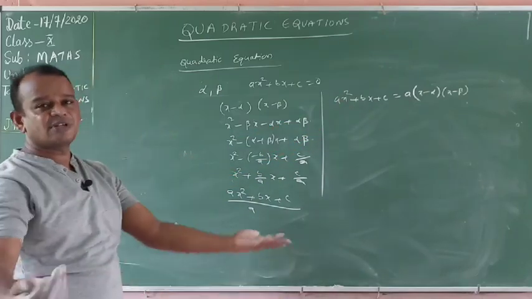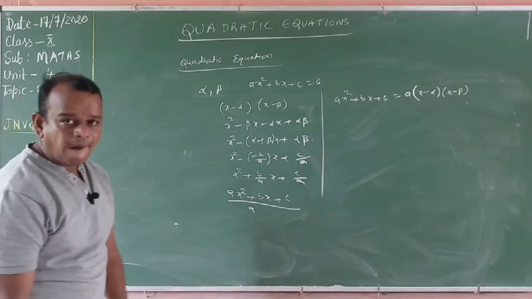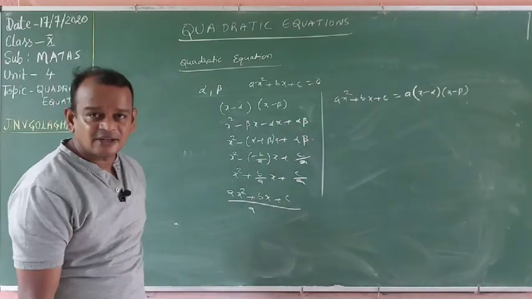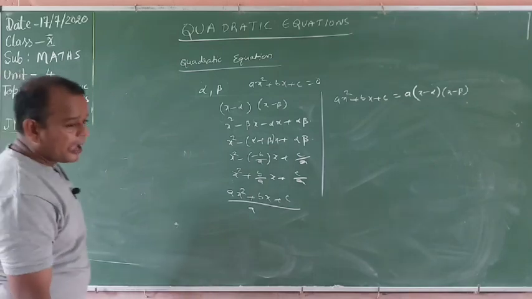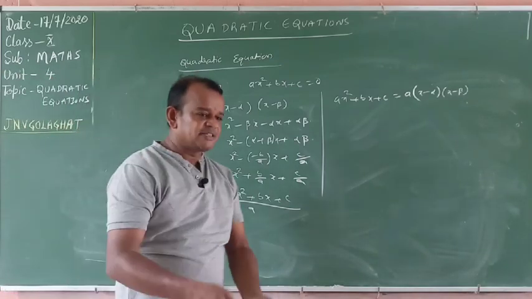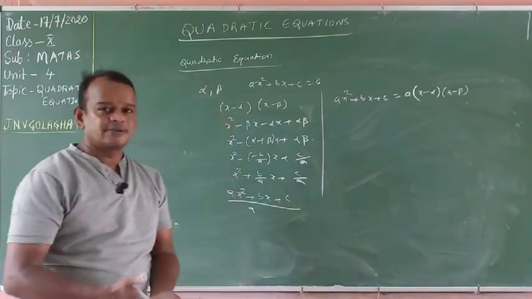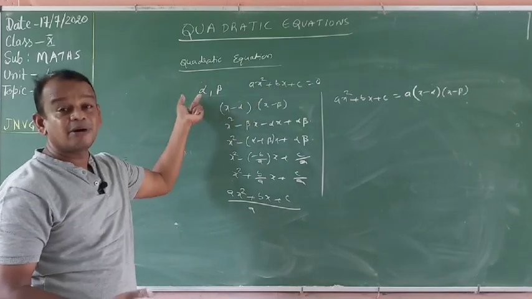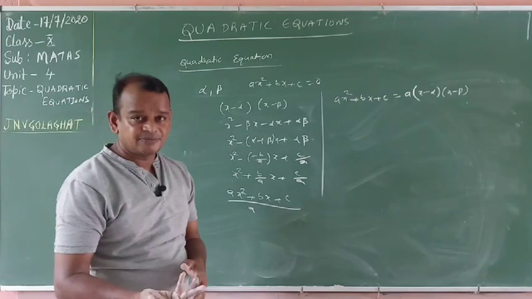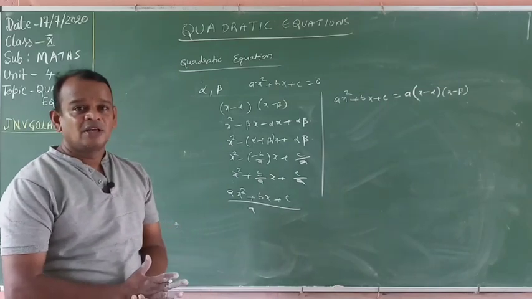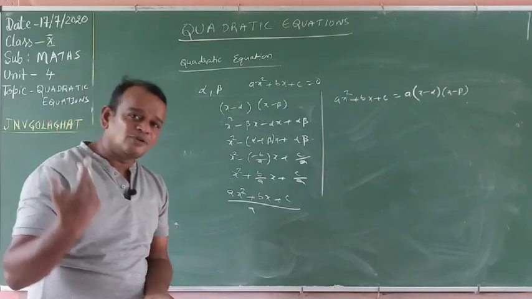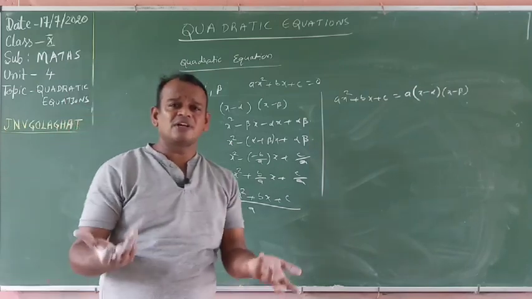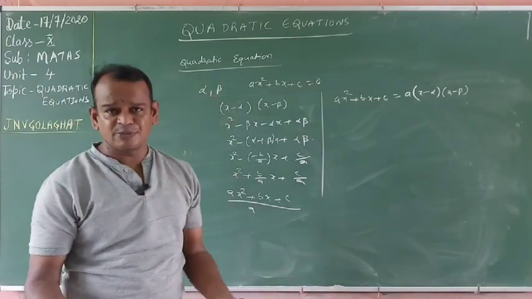Alpha, beta are the roots means x minus alpha into x minus beta are the factors. 100%. Understand or not? Yes. Before, the quadratic equation was given and we found the roots. But now the roots are given. For the quadratic equation having the roots alpha, beta, x minus alpha into x minus beta are the factors.